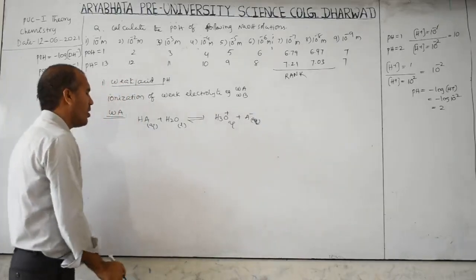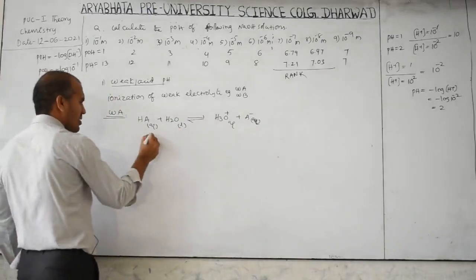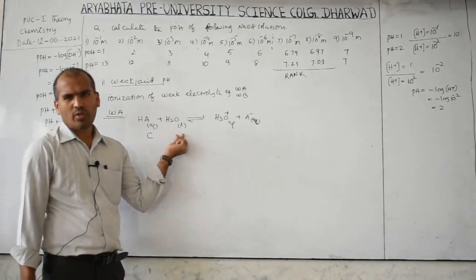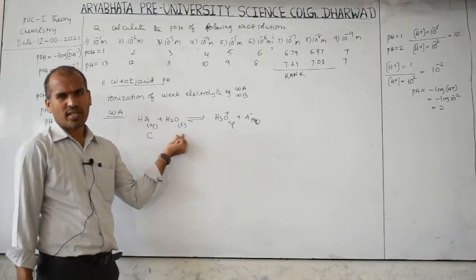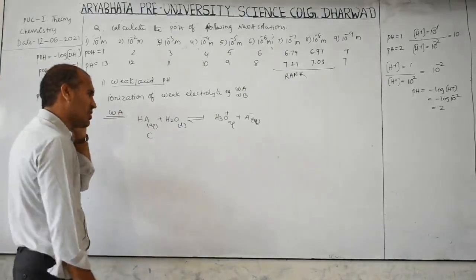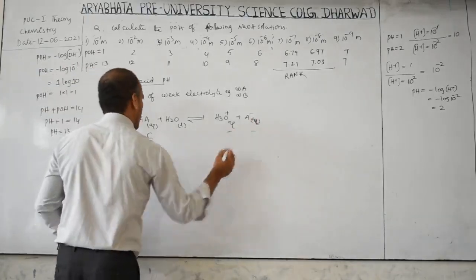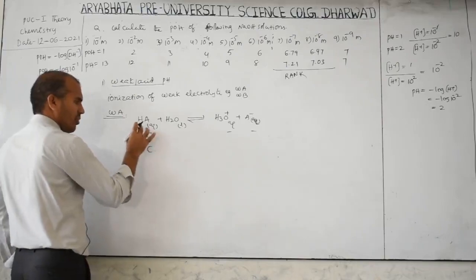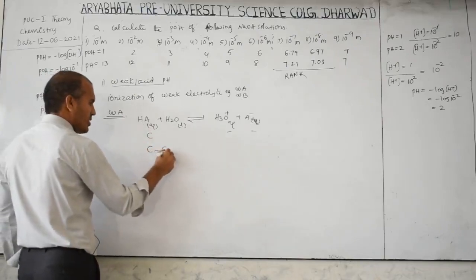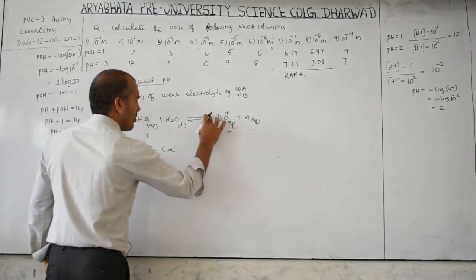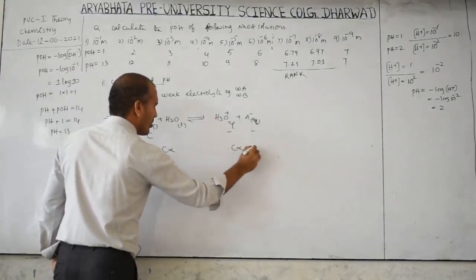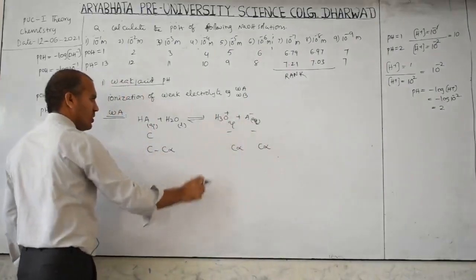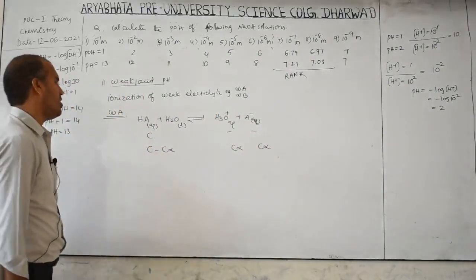Now its concentration is C. This is water; when water is given, we do not consider it because its concentration remains constant. Here C changes to C alpha, and with respect to this, H3O plus forms C alpha and A minus also forms C alpha, because of the stoichiometric equation, 1 to 1. Like this it is changed.